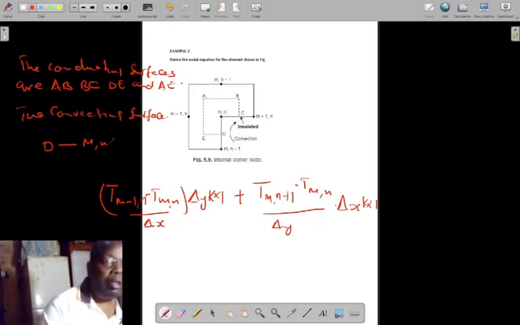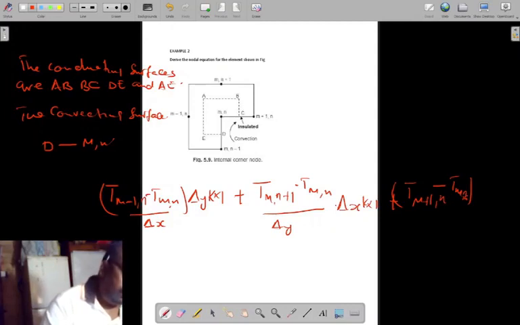And we'll have Tm plus 1 comma n minus Tmn, delta x over 2, that is over 2 times k times 1.